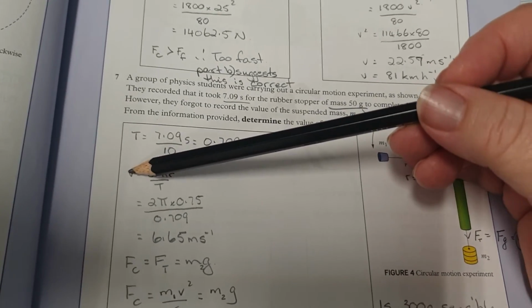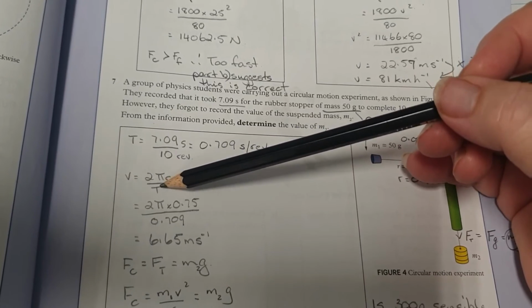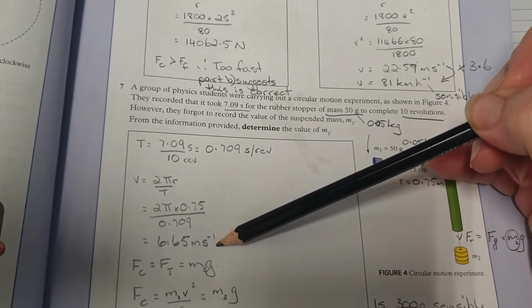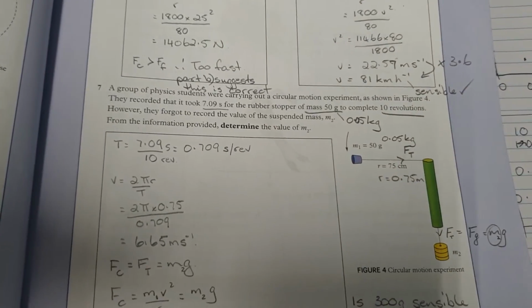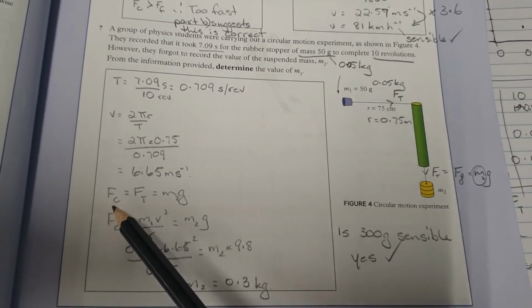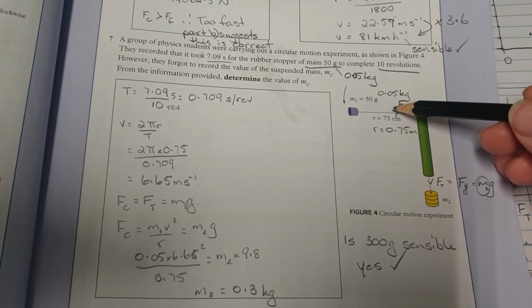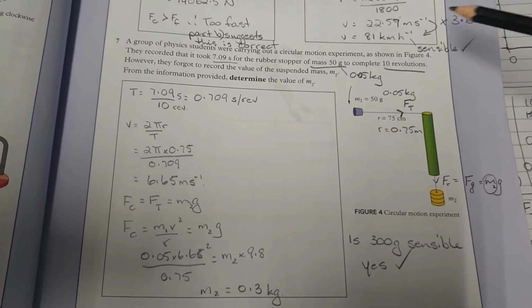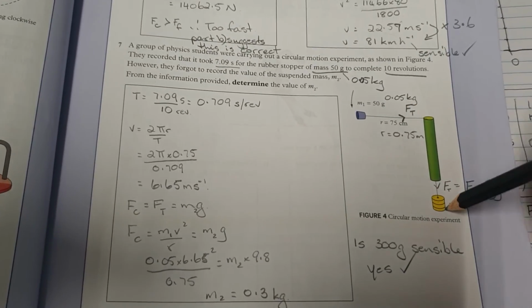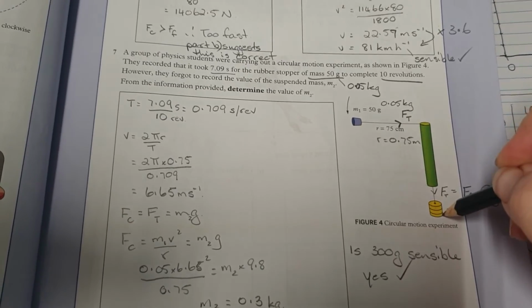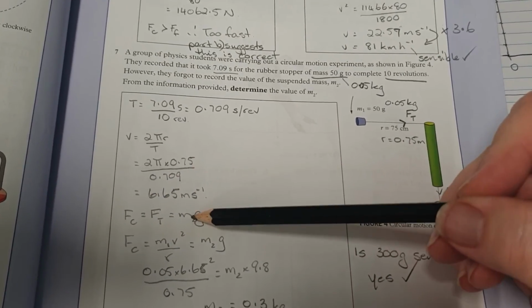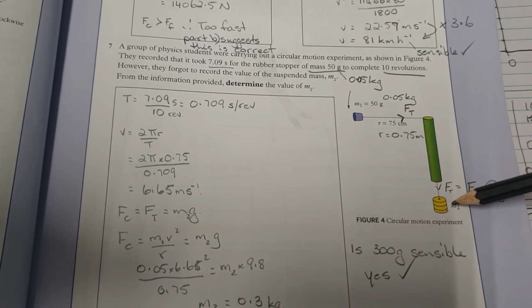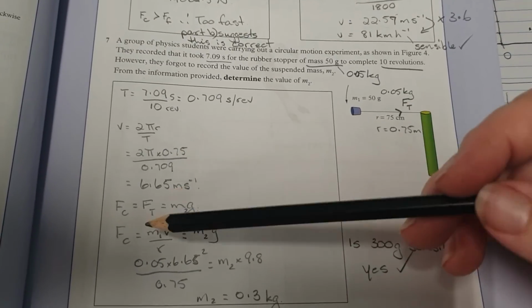Then I can use this formula, v equals 2 pi r on T, to get the velocity, 6.65 metres per second. I know that the centripetal force is equal to the tension in this string, and that tension is coming from this weight here. So the centripetal force equals the tension, and it's m2 g.